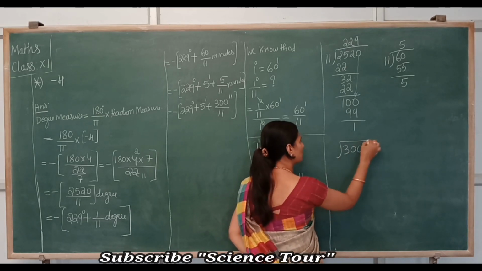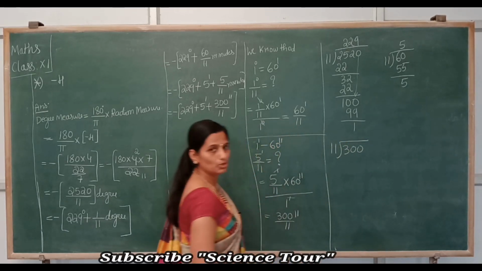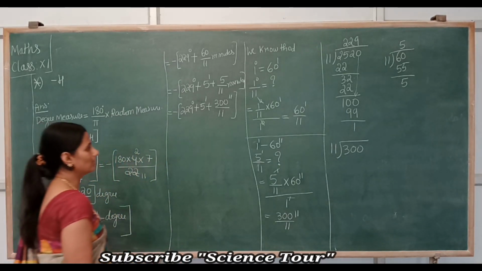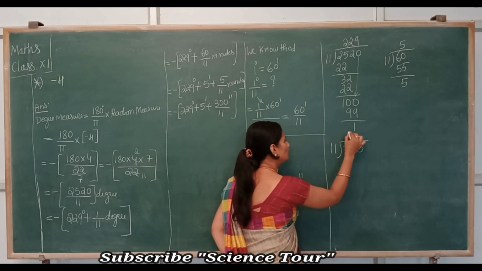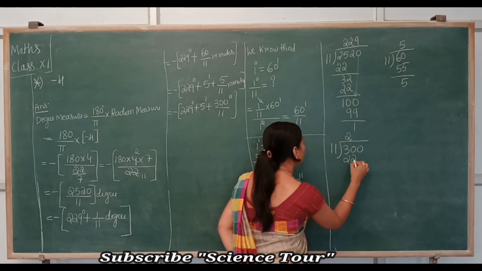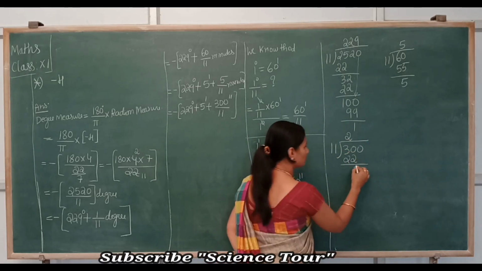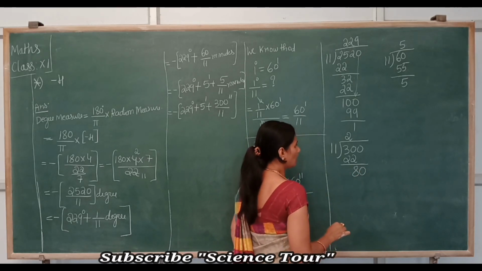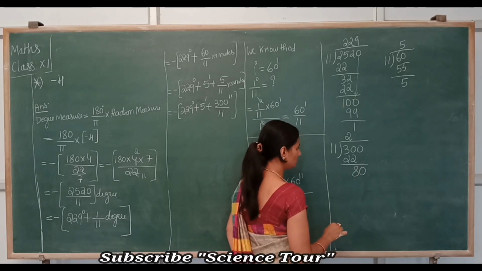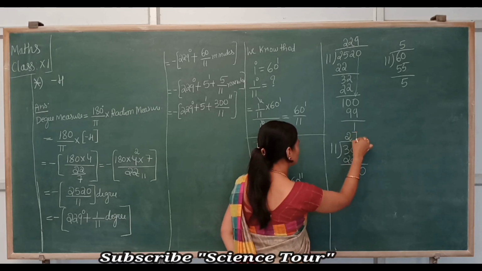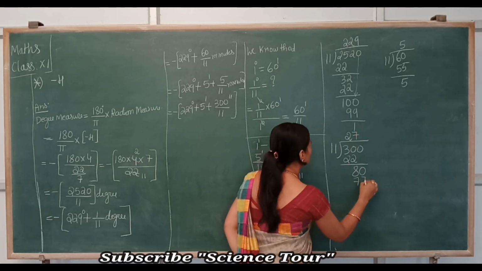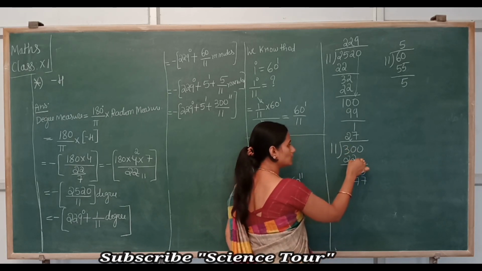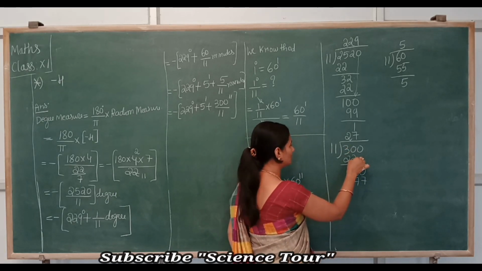How to remove that fraction? It is 300 divided by 11. So 11 2s are 22, remainder 8, so it is 0. 11 3s are 33.